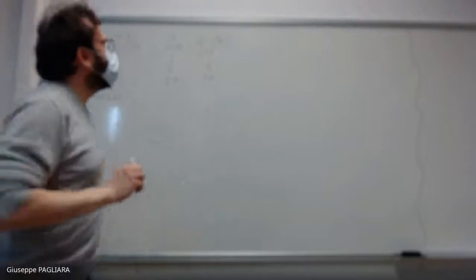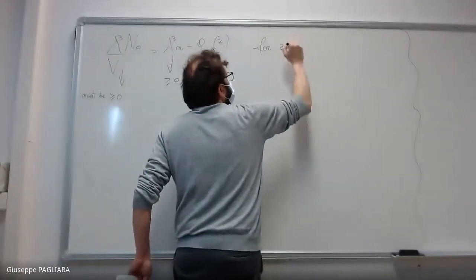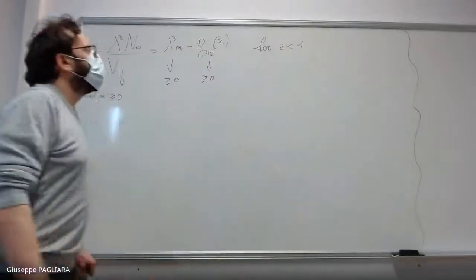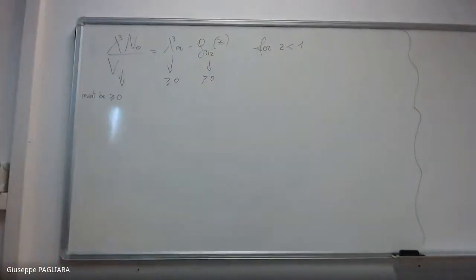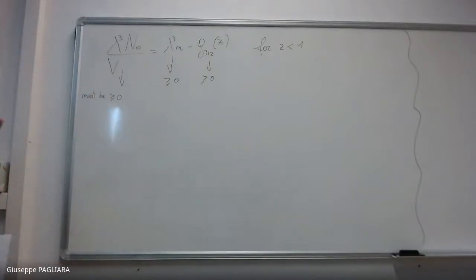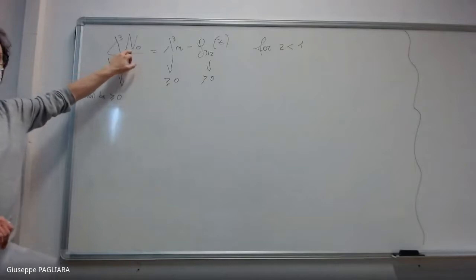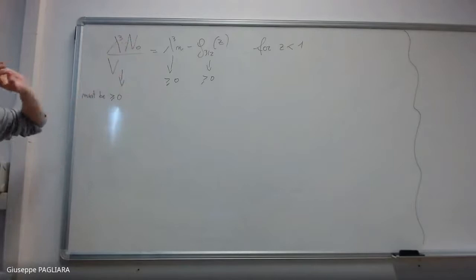For a certain value of z, so for z strictly less than 1, this equation provides me the way to compute the relation between the density and the fugacity, and also I have a quantity here which corresponds to the occupation of the ground state, which actually will be 0 for a reason that I'm going to explain in a moment.